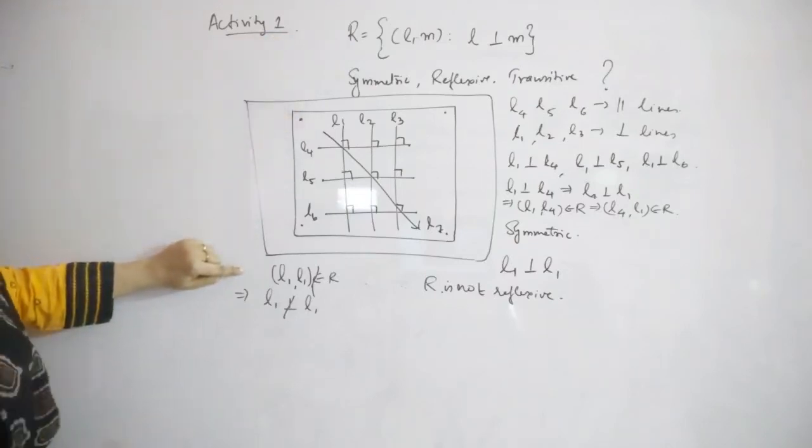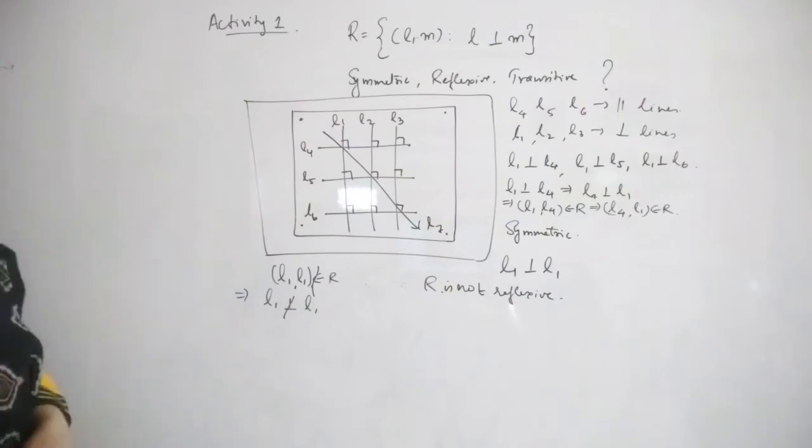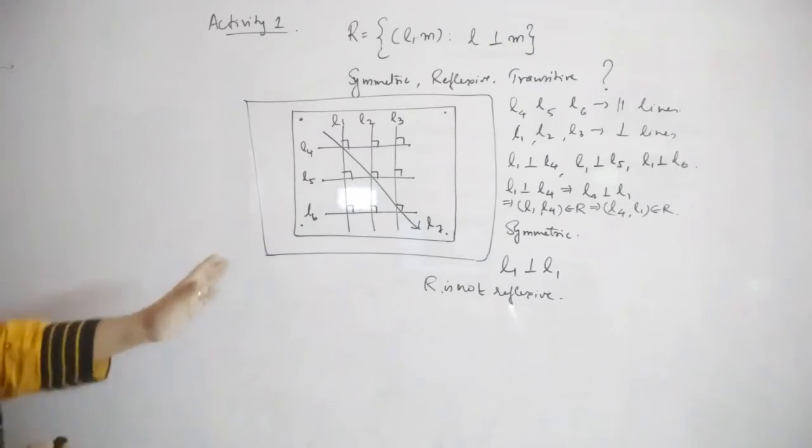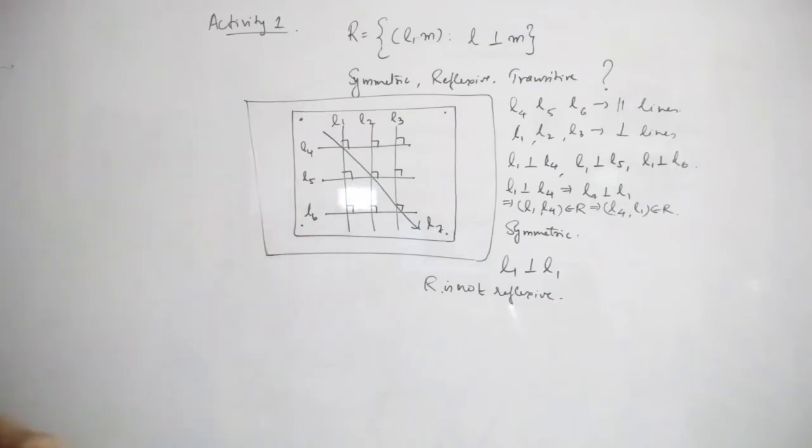Now moving on to the third one, transitivity. For transitivity, we have to take 2 conditions and then the third should also be satisfied.